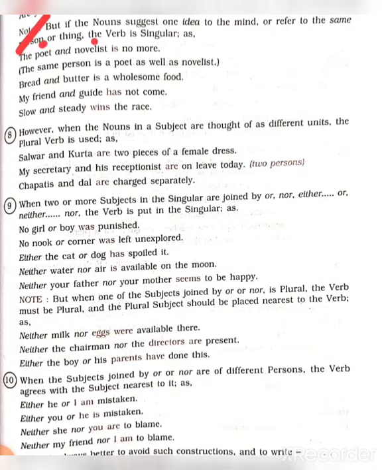Poet and novelist are singular and joined by and, so it should be plural? No. Why is it not plural, students? Because for poet and novelist I am referring to a single person. The man who is a poet is also a novelist. So I am referring to a single person, a singular subject, so the verb will also be singular.